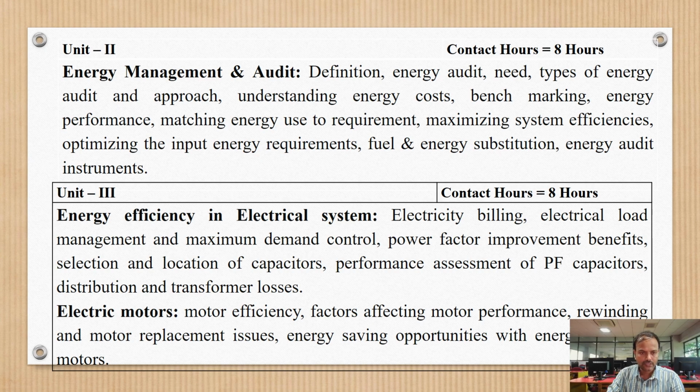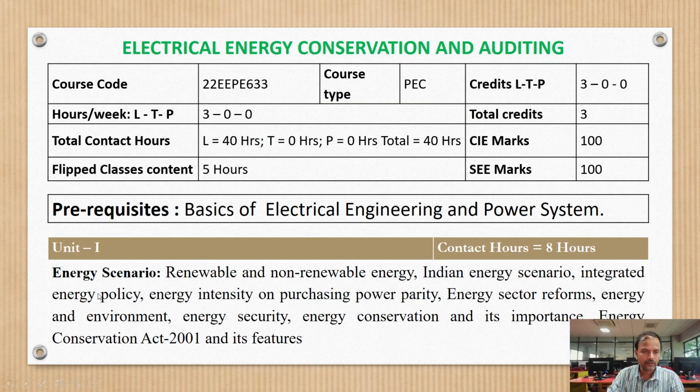That can also be learned in this section, along with locating capacitors, performance assessment of power factor capacitors, and distribution transformer losses. Transformer losses are also a very important consideration in terms of electrical energy conservation, which we'll learn in unit number 3.